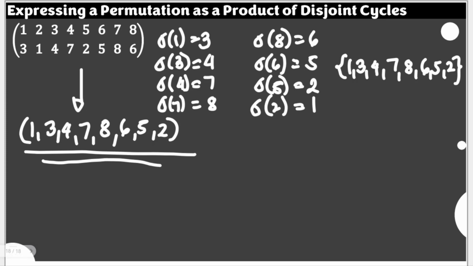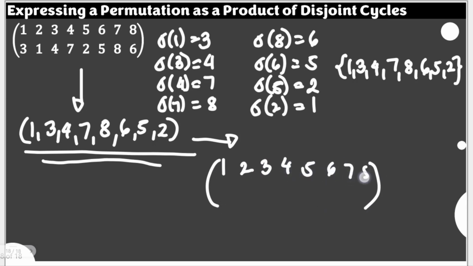Now, if you would like to check that, of course, you could come up with a permutation 1, 2, 3, 4, 5, 6, 7, 8, and see if this standalone cycle returns the given permutation.